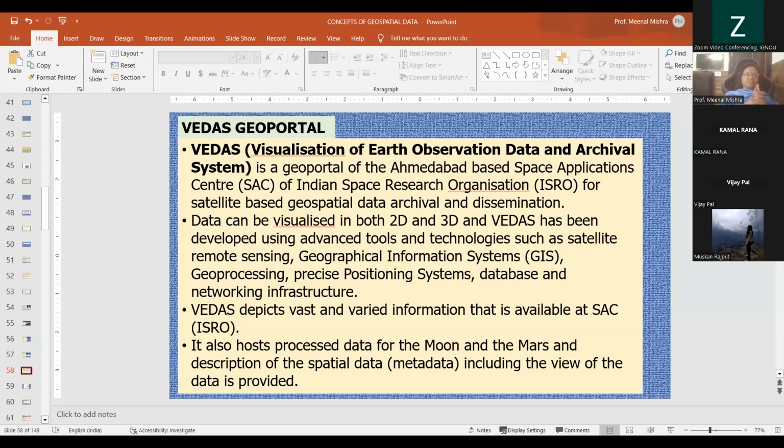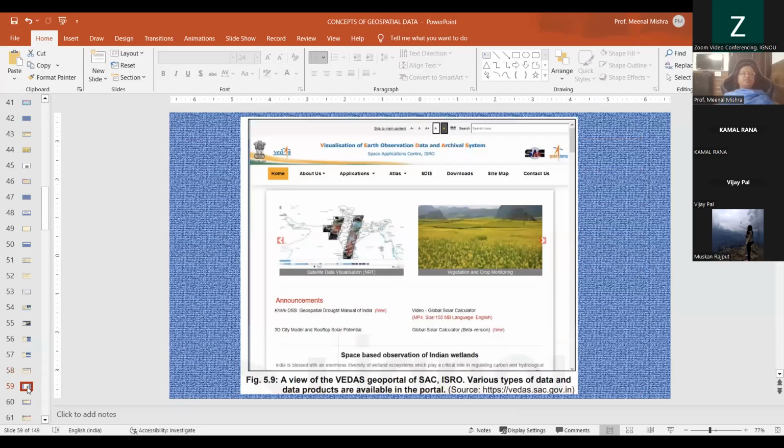Vedas depicts vast and varied information available at SAC, and it also hosts processed data from Moon and Mars. Now, this is the screenshot of the Vedas geoportal of SAC, of ISRO, and you have various kinds of data that can be downloaded from here.